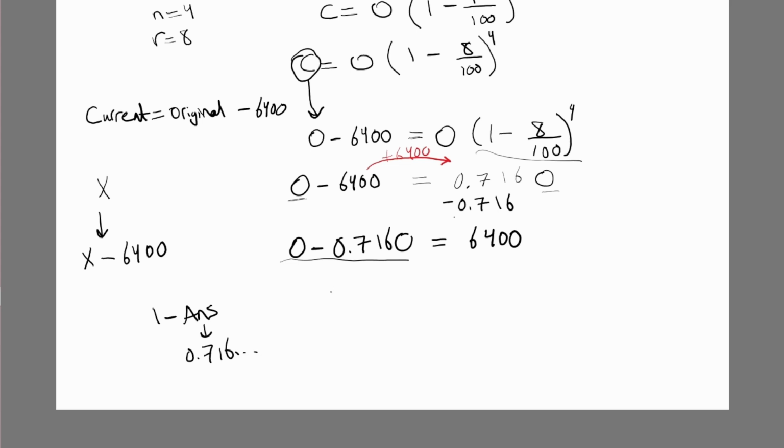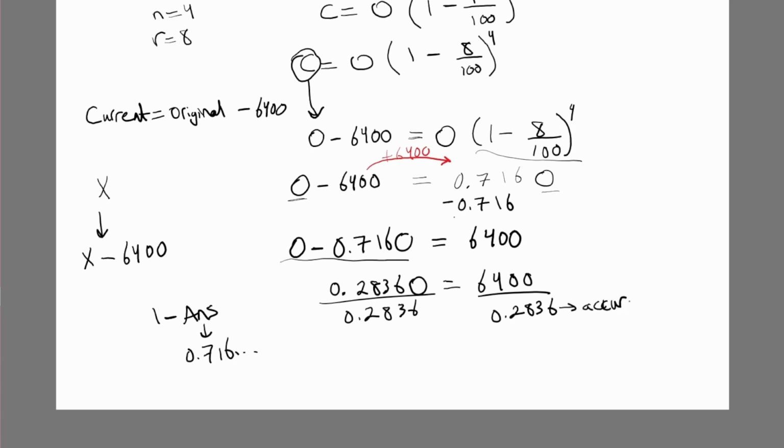This should give you 0.2836 original is equal to 6,400, and now we're going to divide by 0.2836 and divide by 0.2836. And again, use the accurate version. Like we said, always use the accurate until the last step.